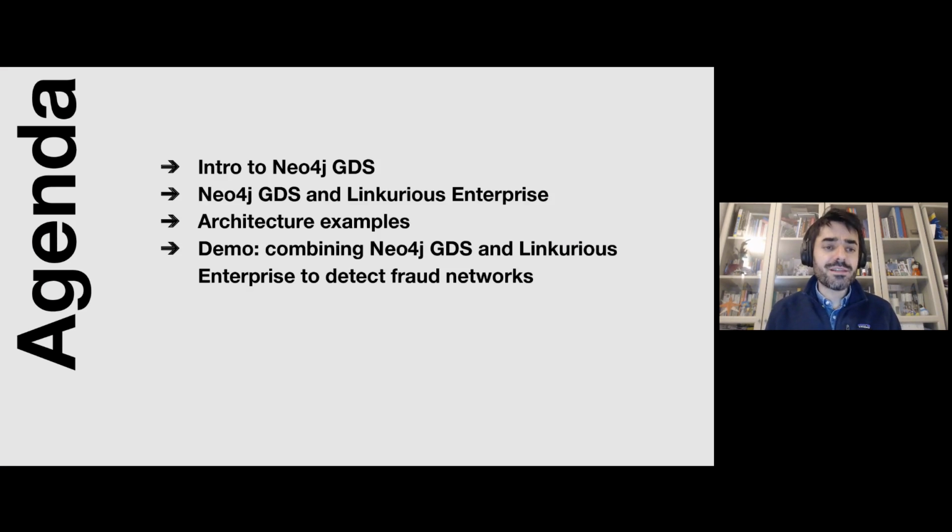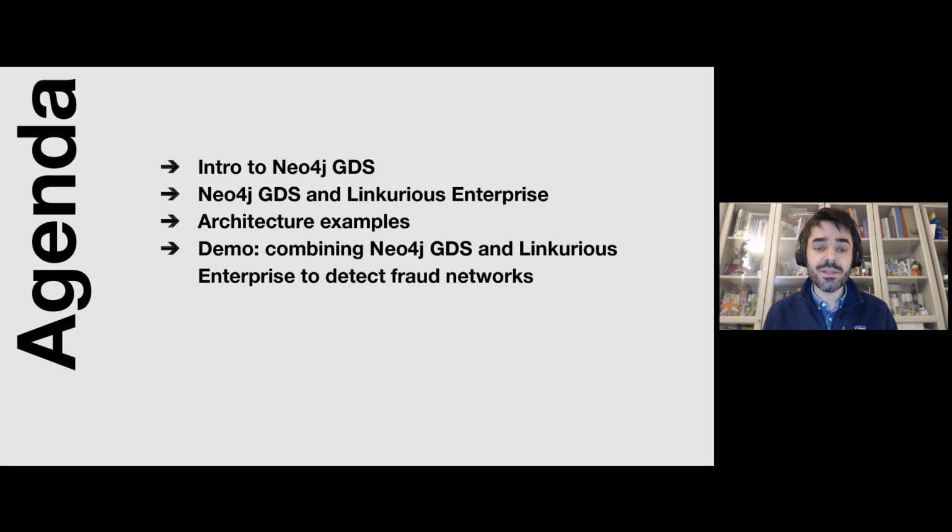Let me talk a little bit about today's agenda. First, we'll start with a quick intro to Neo4j GDS, Neo4j Graph Data Science. Next up, we'll talk about how Neo4j GDS and Linkurious Enterprise can be combined and to what effect.